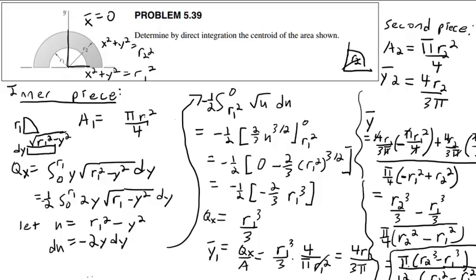I set up the integral, find the appropriate differential element, depending on what exactly you're looking for. You run through the integral, and that's pretty much it. Setting up the differential element is probably the most important part. If we mess that up, then we mess up everything. Exactly.